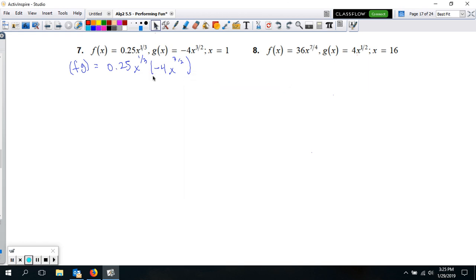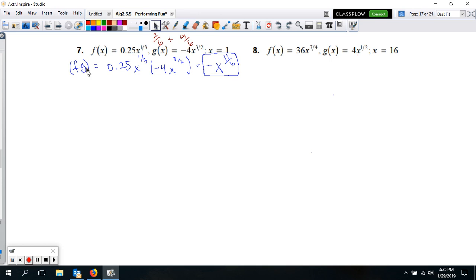So we're going to get a 1, it's going to be -1 in fact, and then as we add these, we're going to have to do a common denominator for the 3 and the 2, the denominators here, make them both into 6. So it'll look like this. This 1/3 will become a 2/6, the 3 over 2 becomes a 9/6, and now we're just adding 2 and 9, giving us 11 over 6. So there's our answer, -1x, or negative x, you can just say, to the 11/6 exponent.